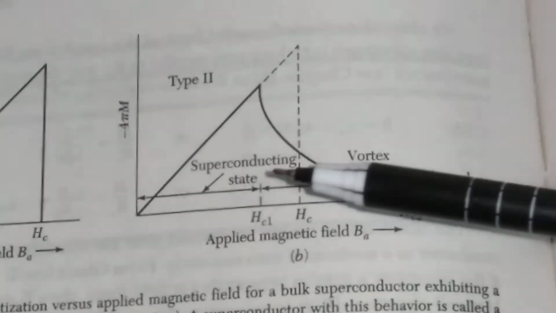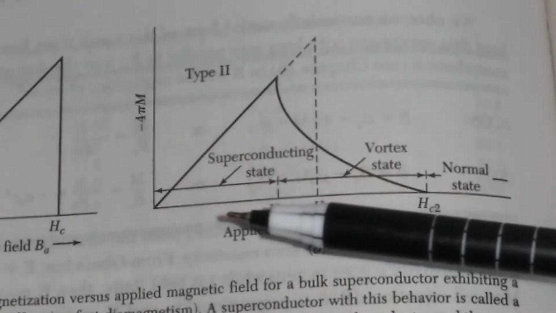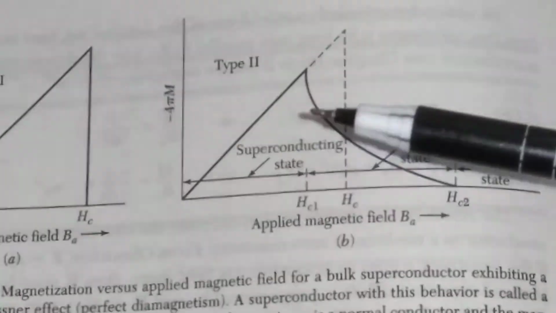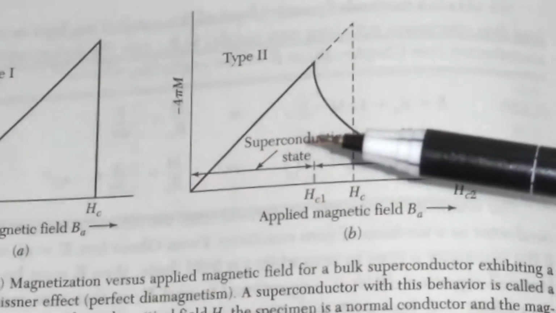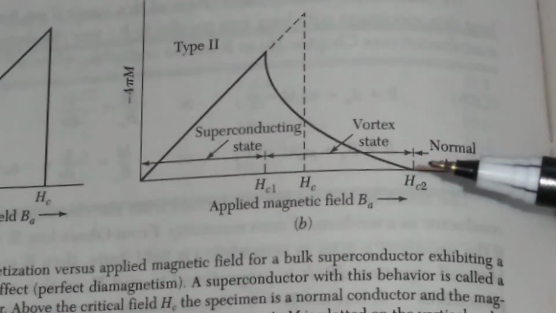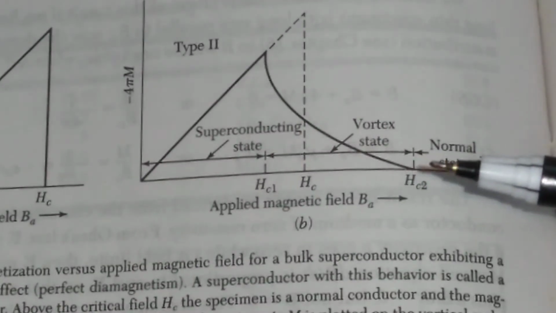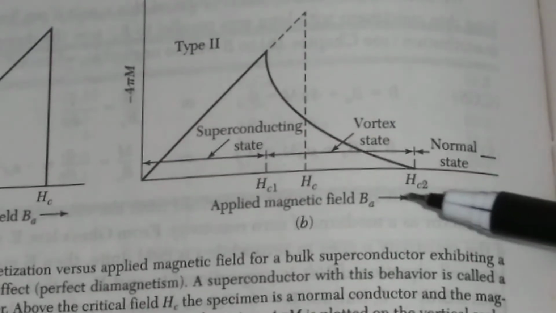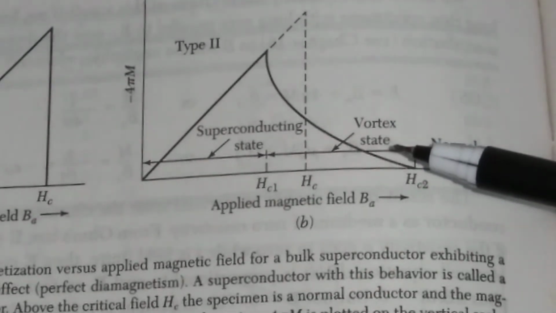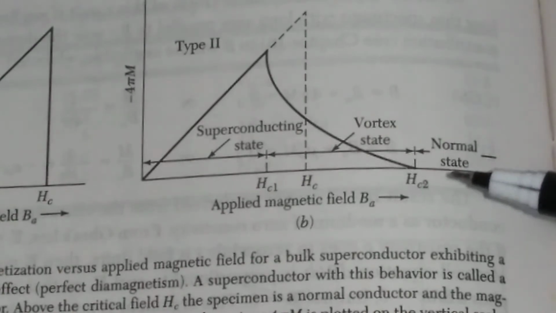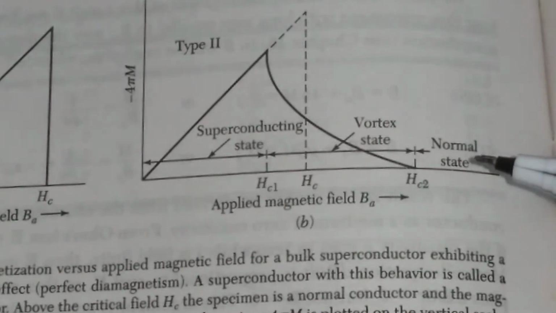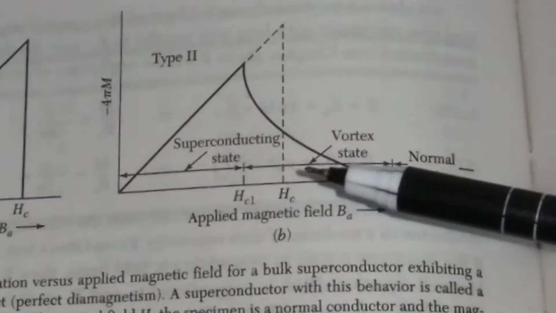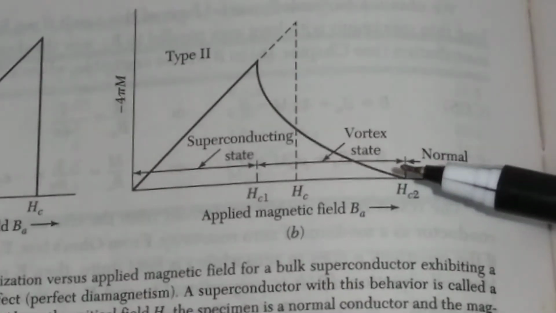In the figure you see from 0 to Hc1 it is in the superconducting state, from Hc1 to Hc2 it is in vortex state, and beyond Hc2 it is in normal state. So there are three states: superconducting state, vortex state, and normal state.